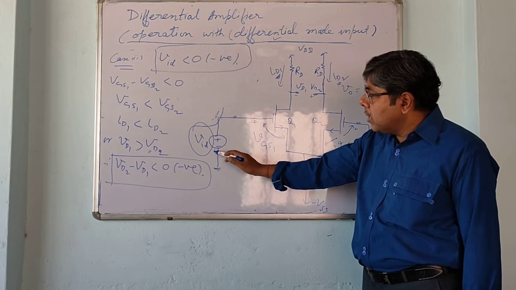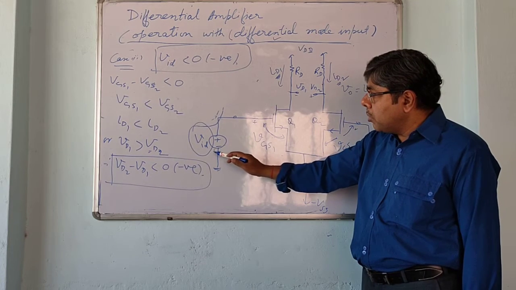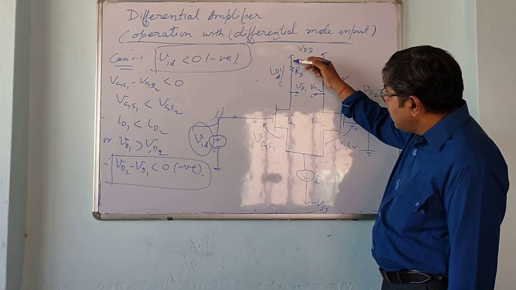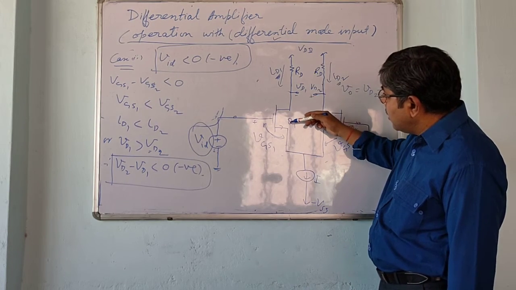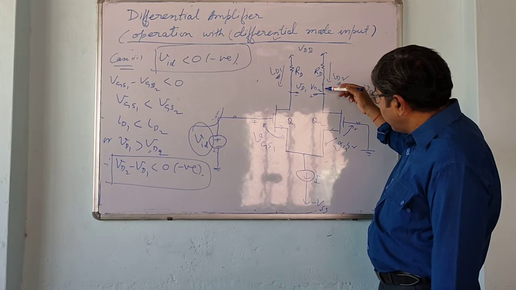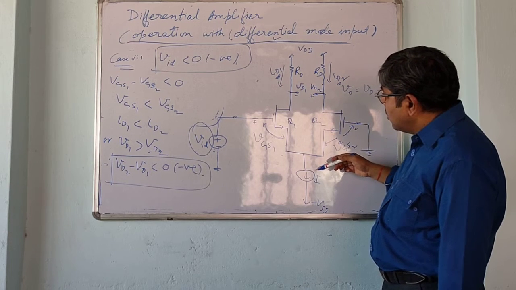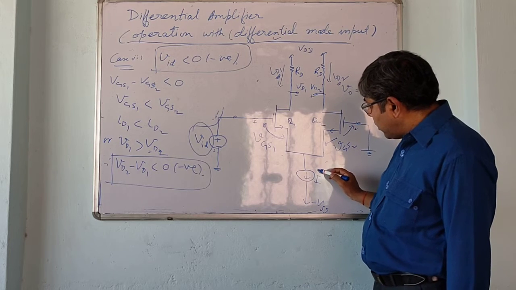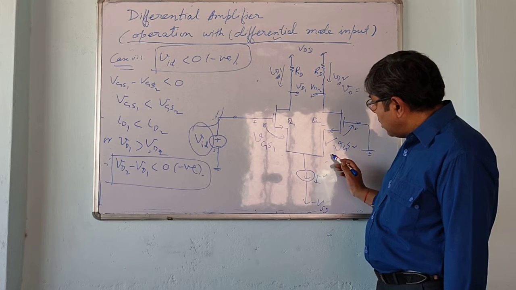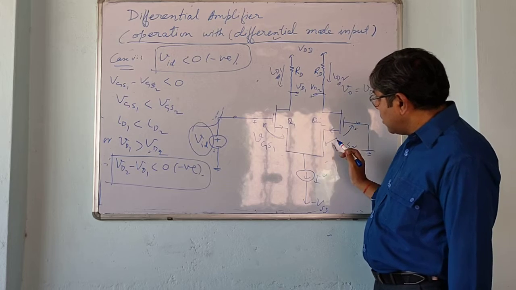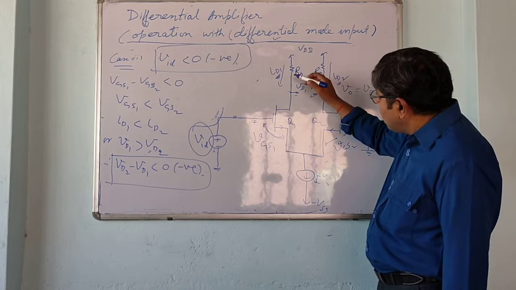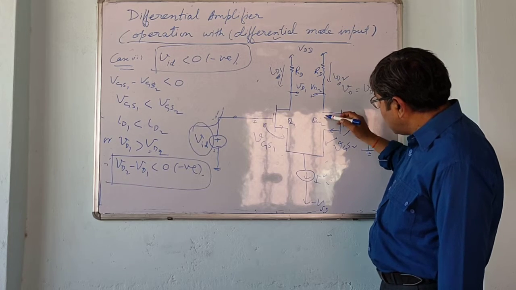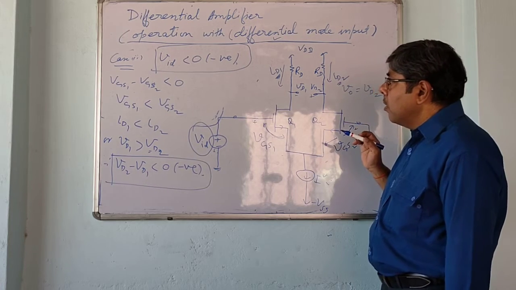As the differential input increases, the current in the first transistor increases and the current in the second transistor reduces. At one time, this whole current I, which is divided into two parts, will flow through this transistor and the current in the other transistor will become 0.